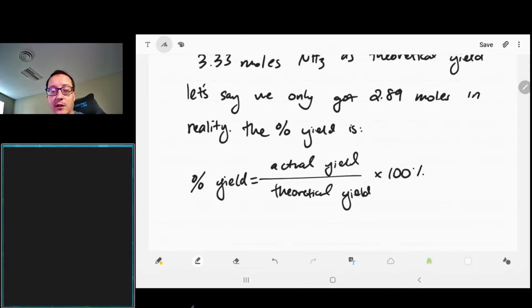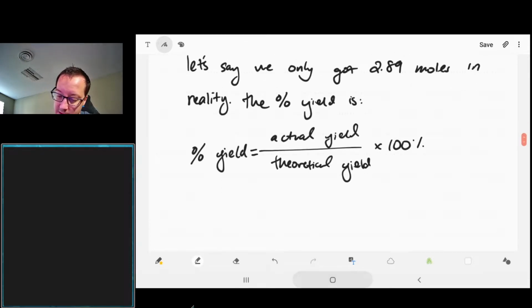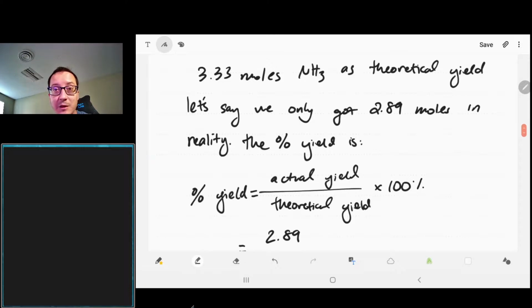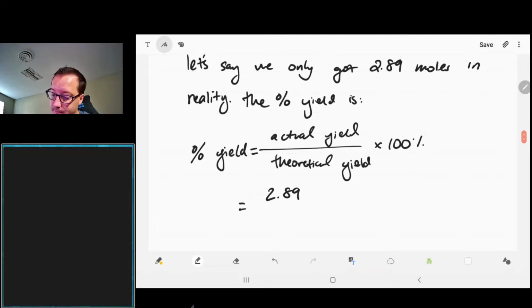Doesn't matter what unit you're looking at, atmospheres, moles, grams, liters, whatever it happens to be, as long as they're the same unit. So in this case, we have moles for both. So it is going to be our actual yield. That's what we got in reality.